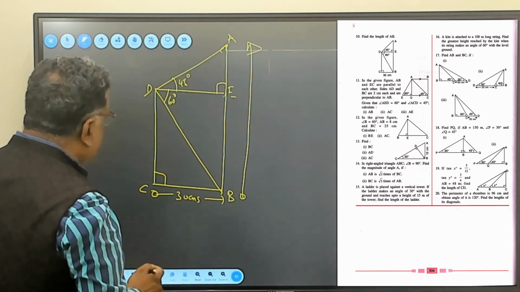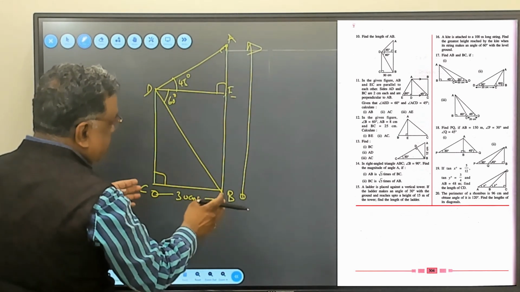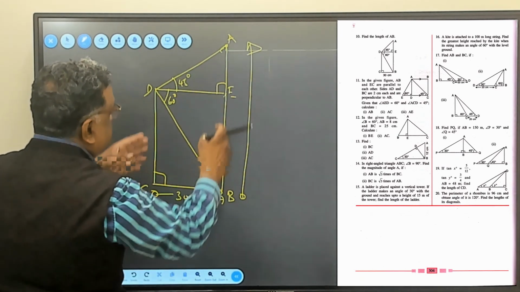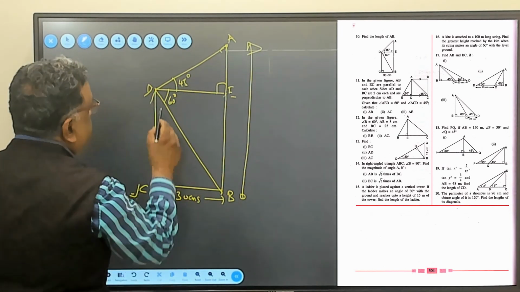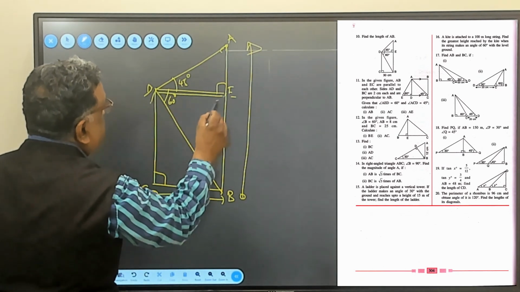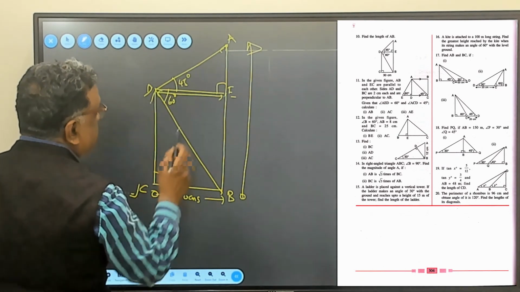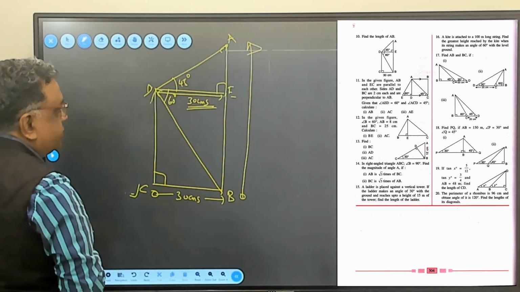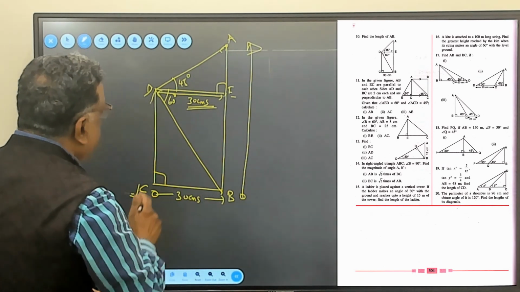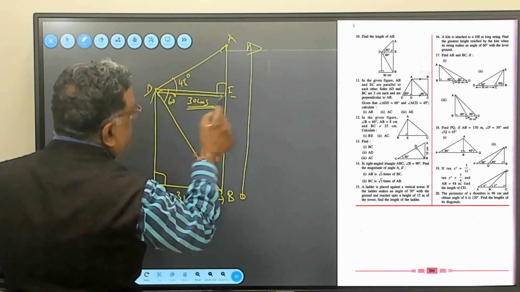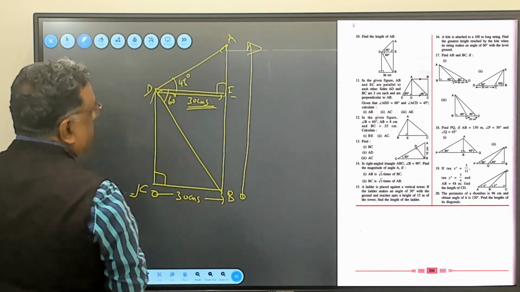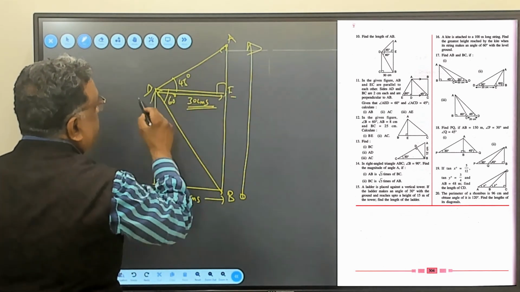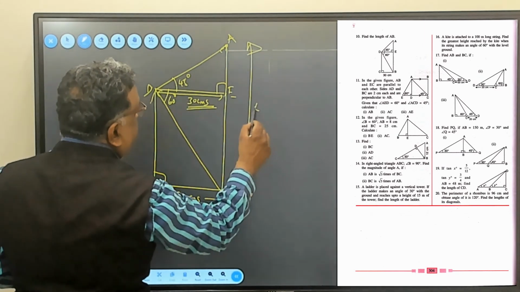Okay. So now, if this is given to me as 30, and this is 90, this is 90, which means this actually is a rectangle, which means this entire length is equal to this length, which is 30 centimeters. Now, in this triangle AED, I can put tan 45.